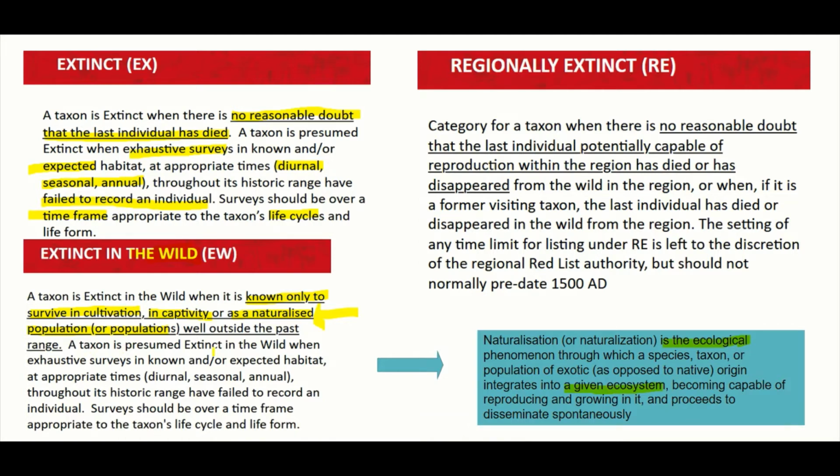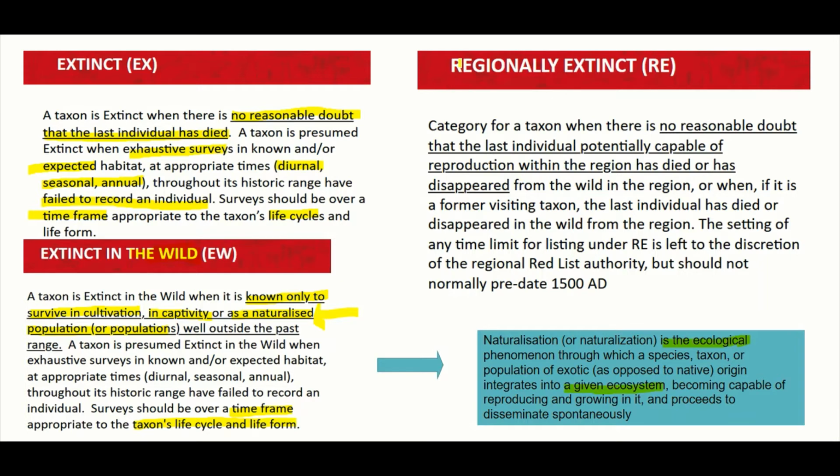A taxon is presumed extinct in the wild when exhaustive surveys in known or expected habitat, again at appropriate times throughout historic range, have failed to record any individual, and again this should be done over a time frame appropriate for the taxon's life cycle and life form.